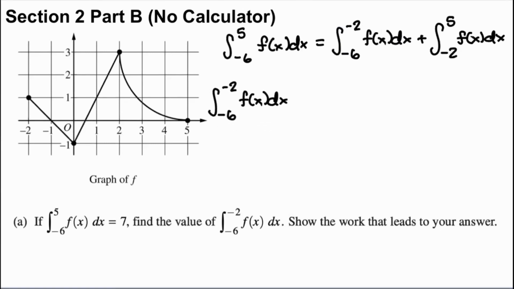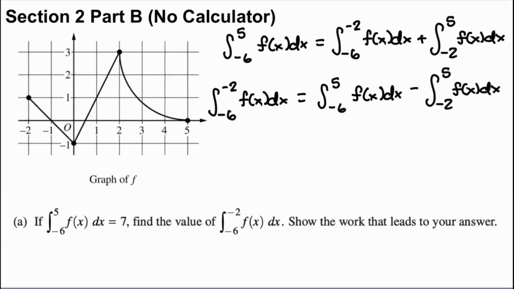This is just a simple rearrangement. We're going to take this guy right here, and we are going to subtract it from this guy right here. Cool. And now we're just going to sub in what we know.